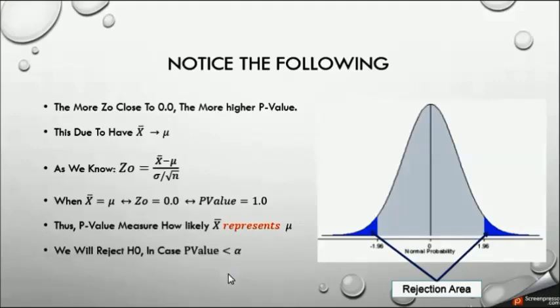As we have seen, we only reject the null if the p-value is less than alpha. This is our conclusion. So in our case, we fail to reject the null hypothesis.